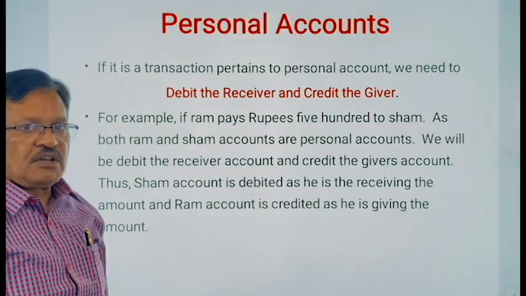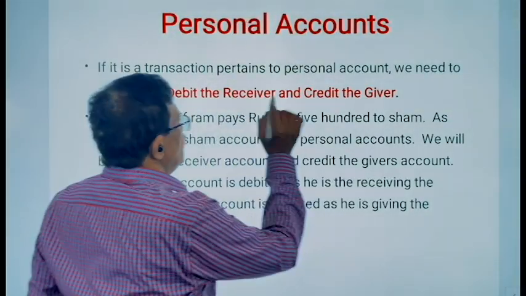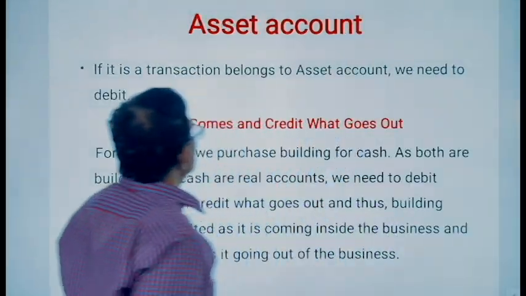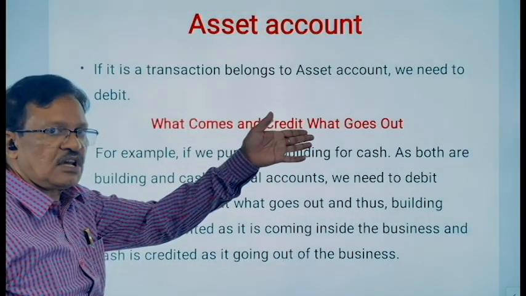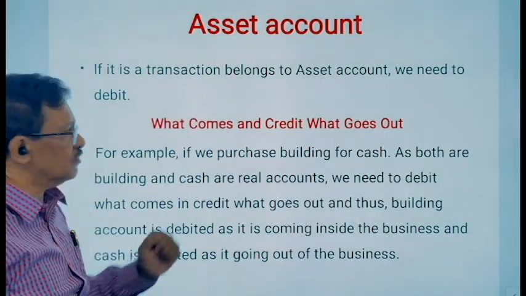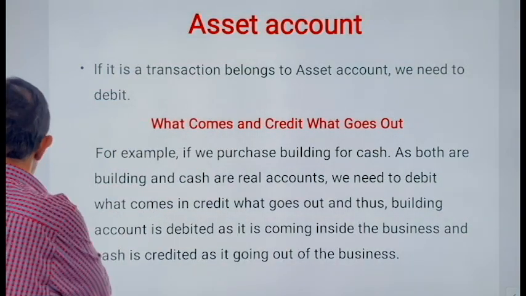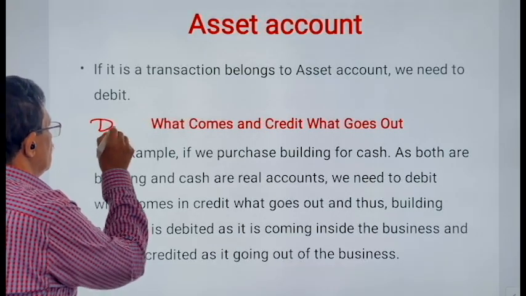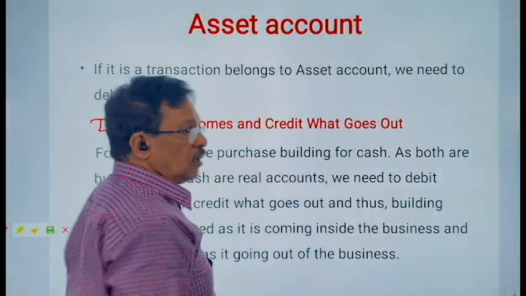When it belongs to the personal account, we need to debit the receiver and credit the giver. When the transaction pertains to a real account or an asset account, we have to debit what comes in and credit what goes out.